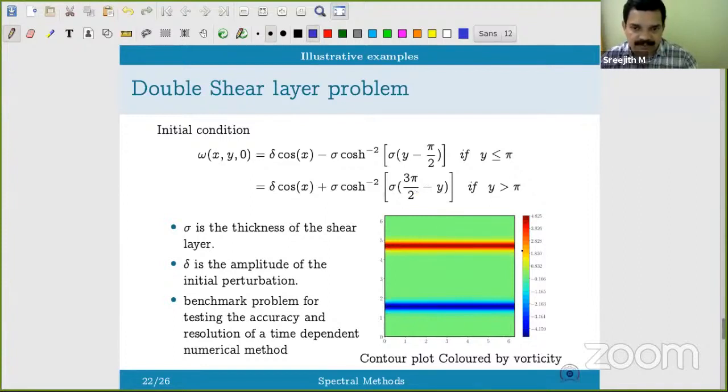Here you have one vorticity distribution, and here another opposite vorticity distribution. The equation for this initial condition is such that at time equal to 0 we give this vorticity distribution and allow it to evolve in time. For that, I'll show the evolution in time.